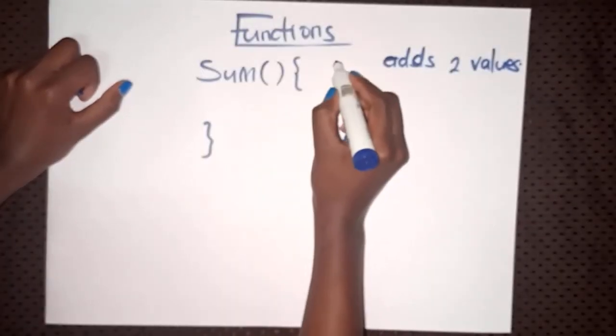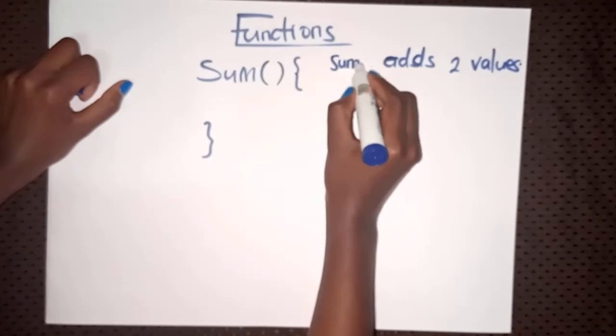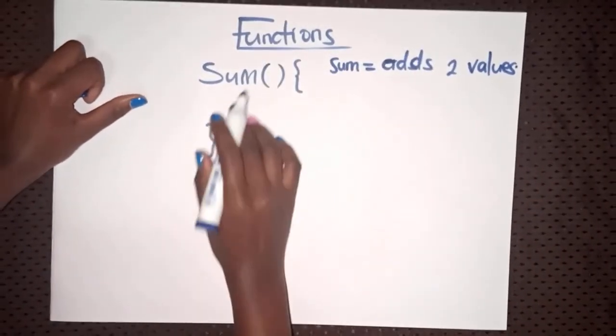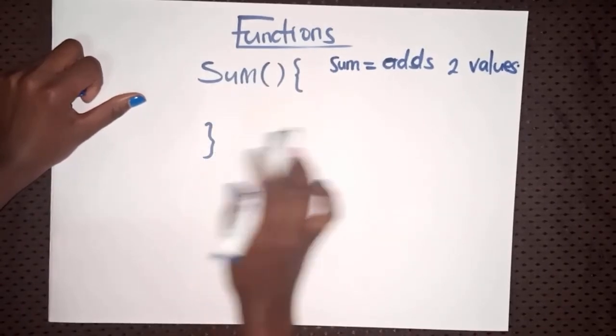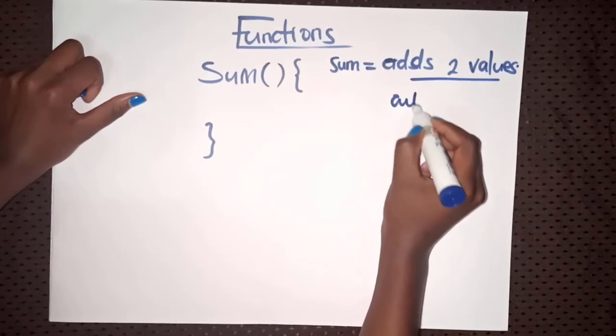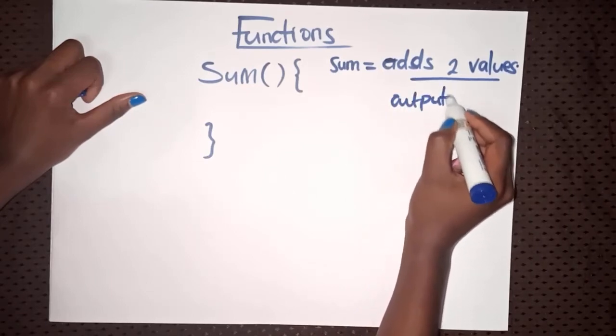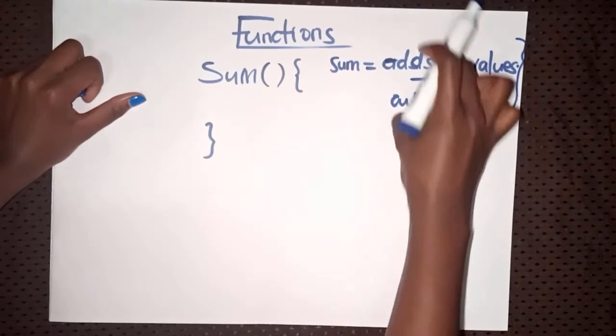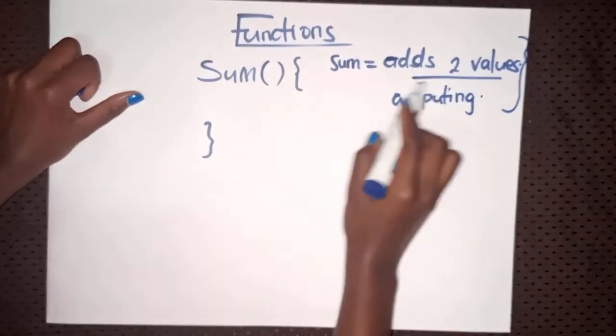So I will say sum is equal to these two values added together. Now that is a function: there is adding and then there is outputting. So it's a group of tasks that are working together to output a value.